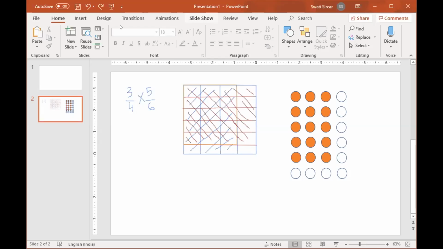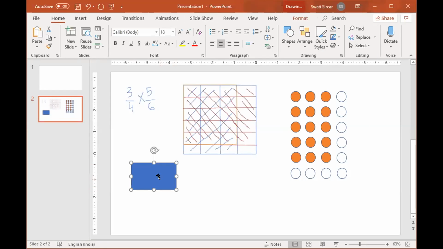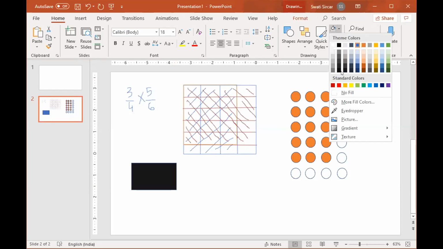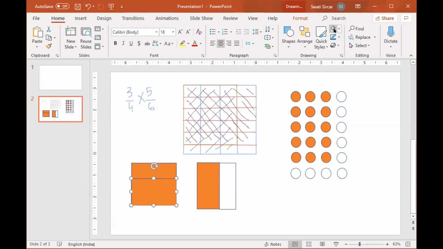Vertically, the idea is to split it so that it either looks like this, or it looks like this. That's what we need to do.